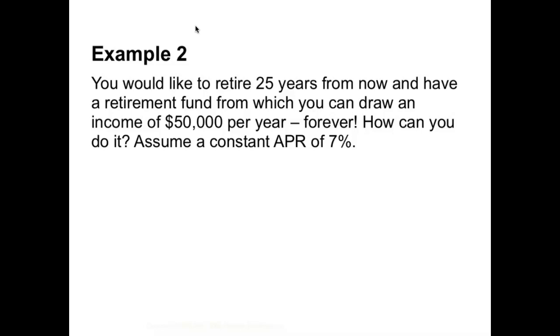So the idea here is that we want a large enough balance in our account so that it basically makes $50,000 a year in interest alone. And then we can just take that $50,000 out.